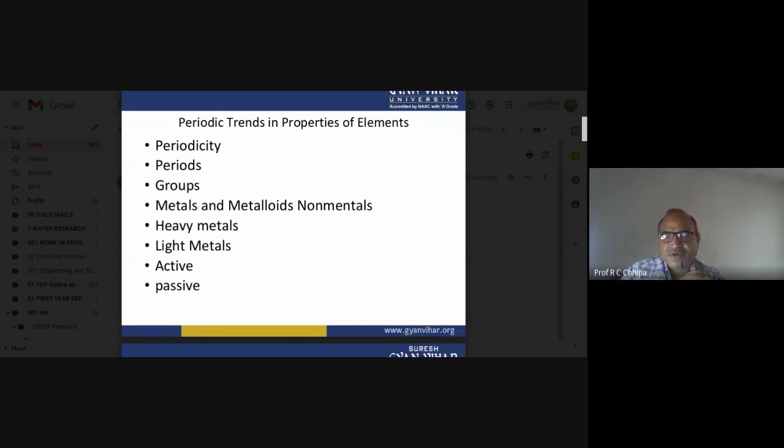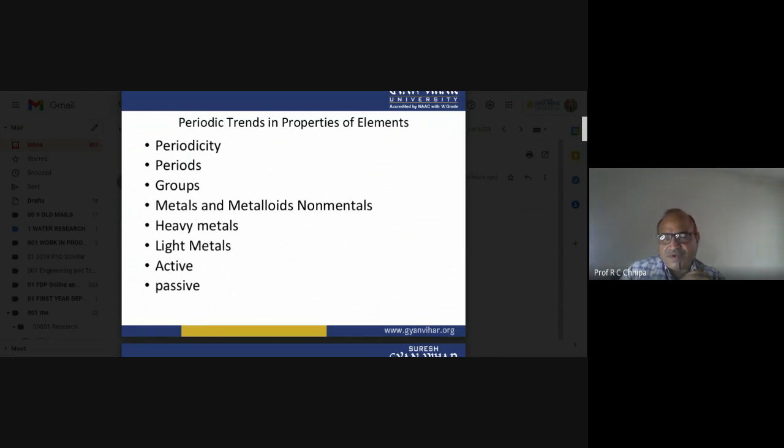After so many periods, as we have already discussed, the shell number explains the period, and the periods are numbered 1, 2, and so on. That explains the first period, the second period, then the third period.